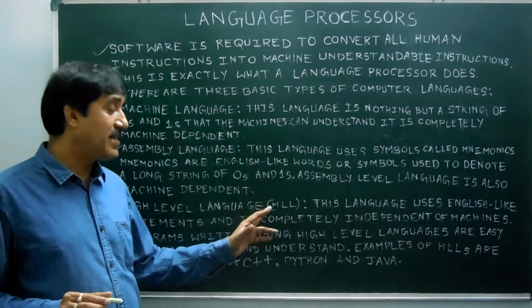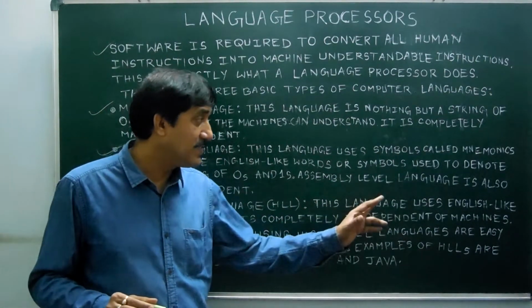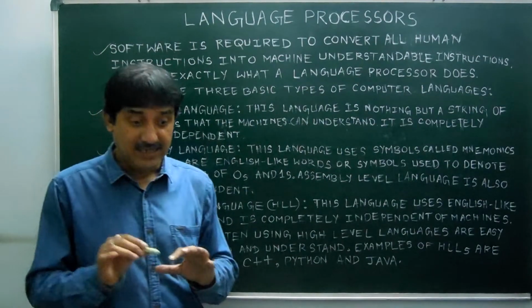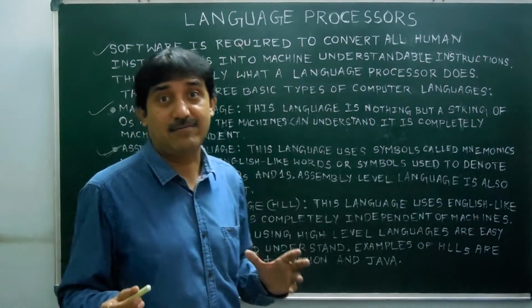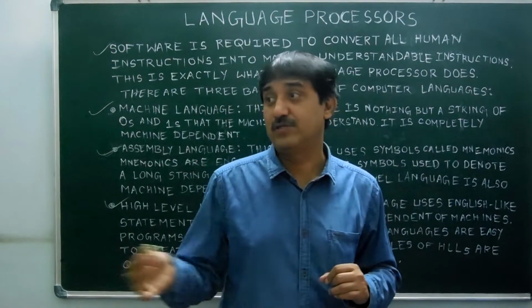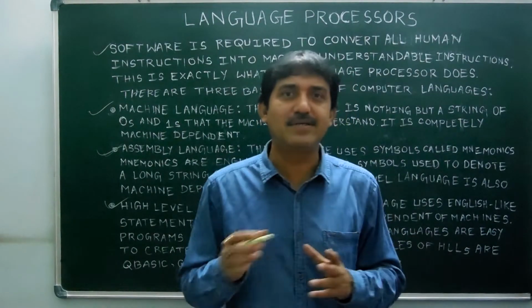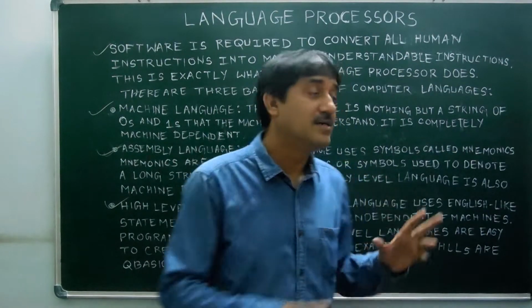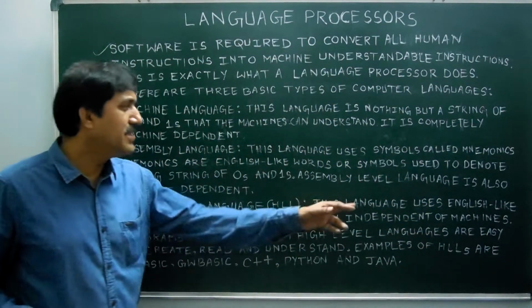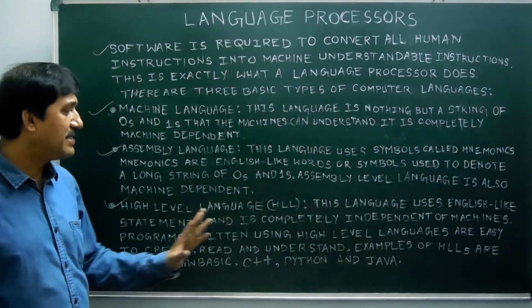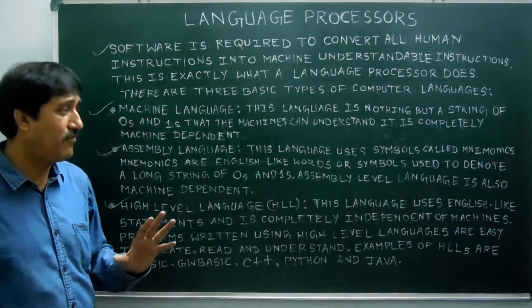High-level language, HLL, uses English-like words, so everyone can easily write programs. You see a Java program, you see a GW-BASIC program, all you do is print, and you know print means to print. So this language uses English-like words and is completely independent of the machine.